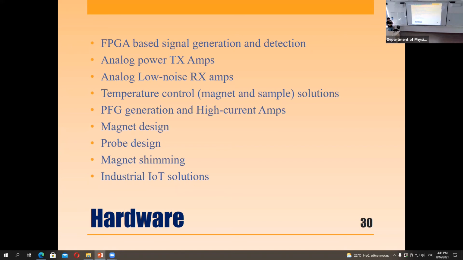Thank you. I have a short question about analog amplifiers. You say that for MRI, for large volumes, we need kilowatts. Yeah, kilowatts. And for a 5 or 10 millimeter tube, you need hundreds of watts. 100 watts.